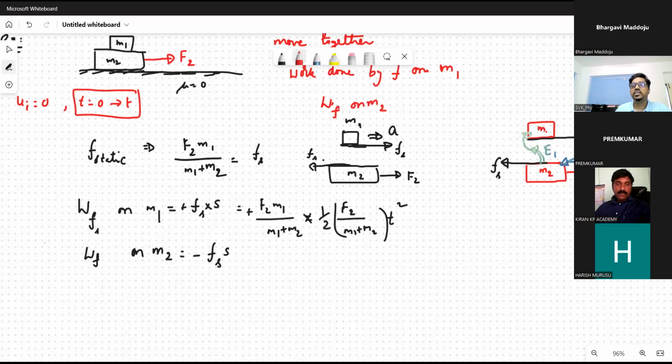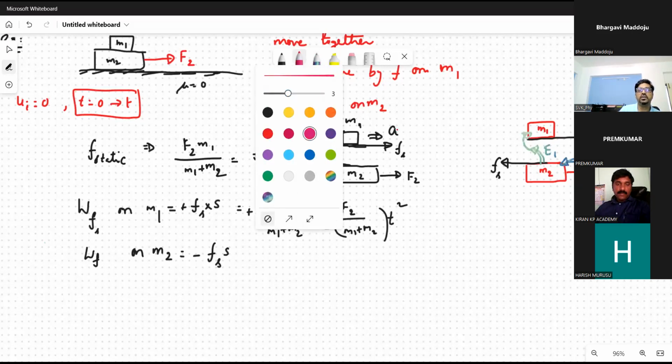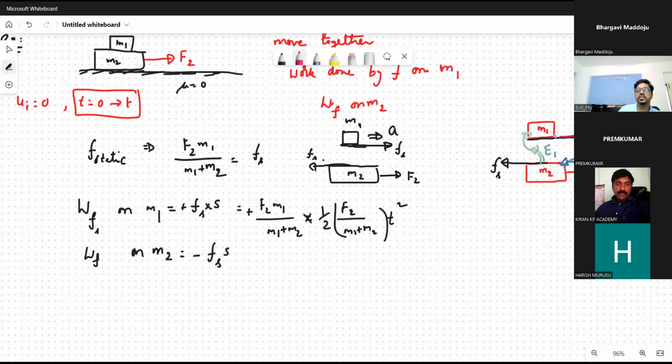M2 is losing energy because of friction. Now you see, F2 is supplying energy to M2. M2 is supplying energy to M1 because of the friction between them. So friction is the internal force here, the static friction here and this static friction here.